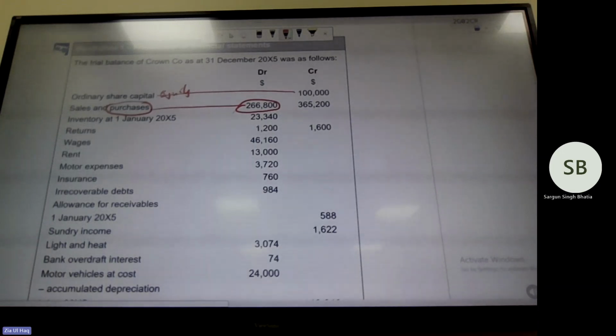Inventory at 1st January 20x5. This is opening inventory. Opening inventory, we will record this under cost of sale. Returns. Whether the 1200 is a sale return or purchase return.